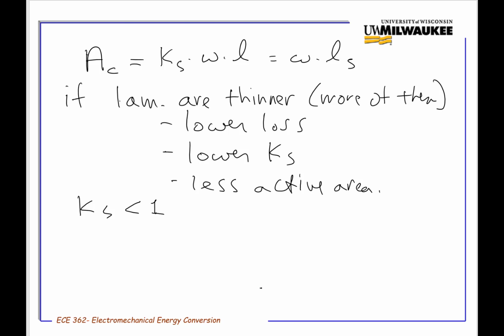You never have any magnetic material that has a Ks of 1. You will always have a stacking factor, and you'll notice in one of the homework problems, I believe, that they give you a stacking factor. We actually have two factors that we talked about. Remember, we have the fringing factor, Kf, that makes the gap area bigger. Well, the stacking factor Ks makes the core area less.